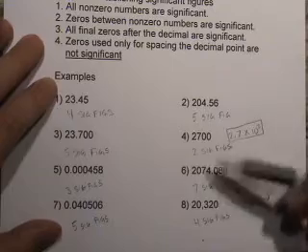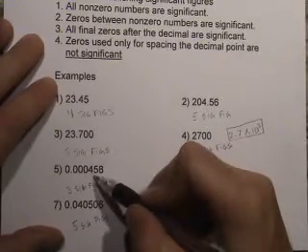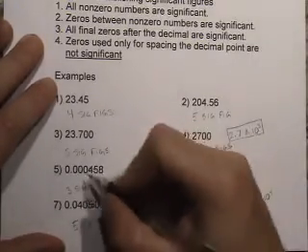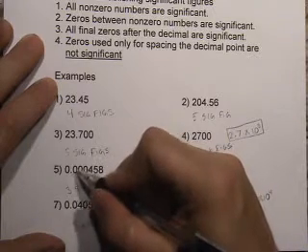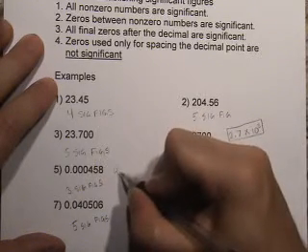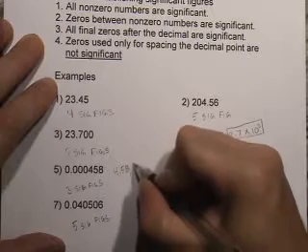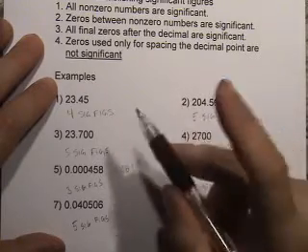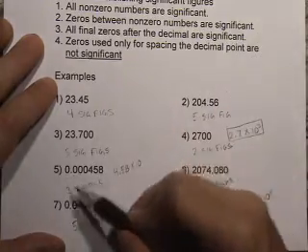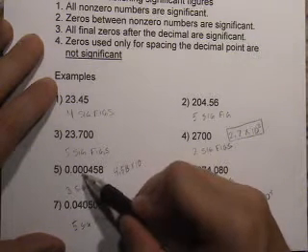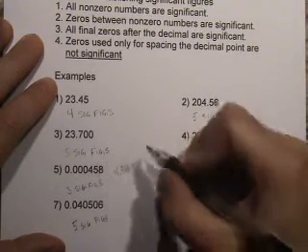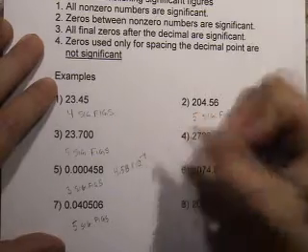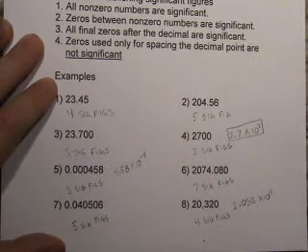Now it not only works for big numbers like this, you could also do it for small numbers. So here we had a small number that had some placeholders also. These zeros are here as placeholders. I could have written this as 4.58 times 10 to the, now in this case I moved the decimal place in the other direction. So I went 1, 2, 3, 4 places, but because I went in the opposite direction, I would say 10 to the negative 4th. Right?